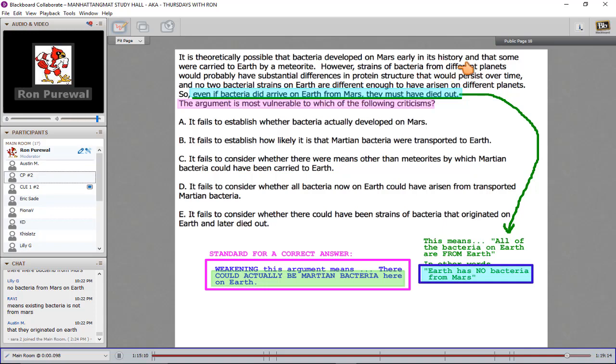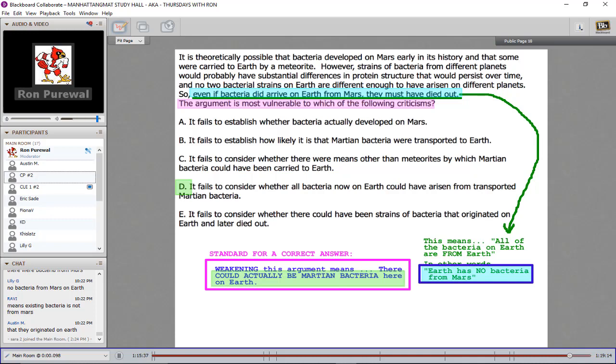If you read the paragraph, what the paragraph says is that if you look at all the bacteria, then they all look the same. And if they were from a different planet, they should look different. So you have choice D, which is like, what if all of the bacteria on Earth are actually from Mars?